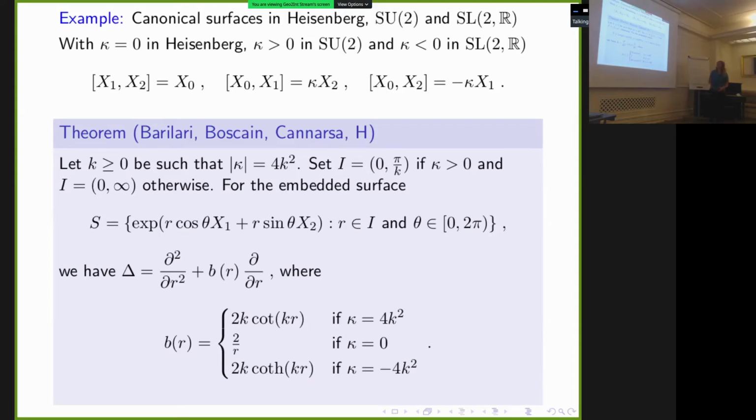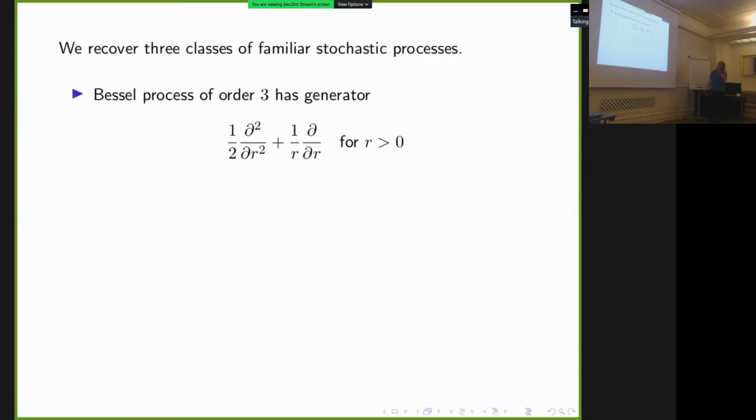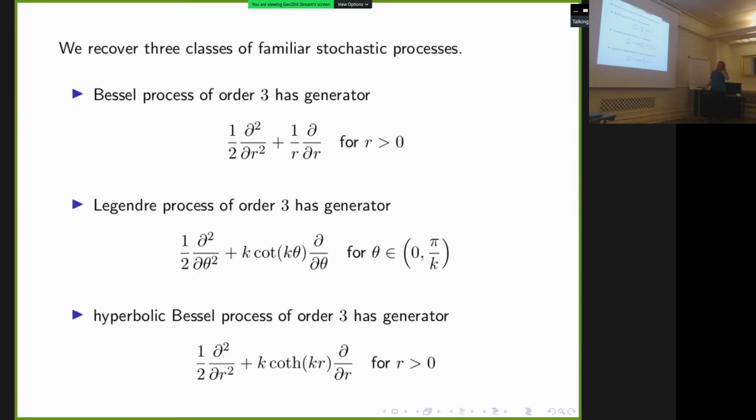And if you look from the stochastic side on this, you basically recover three very familiar stochastic processes. I already mentioned the Bessel process of order 3. That is the process we obtain in the Heisenberg group, if you consider the horizontal plane.